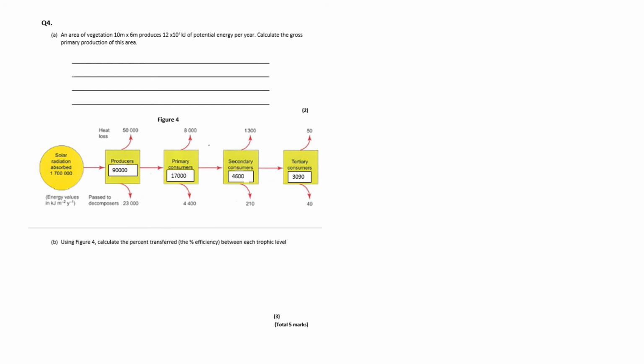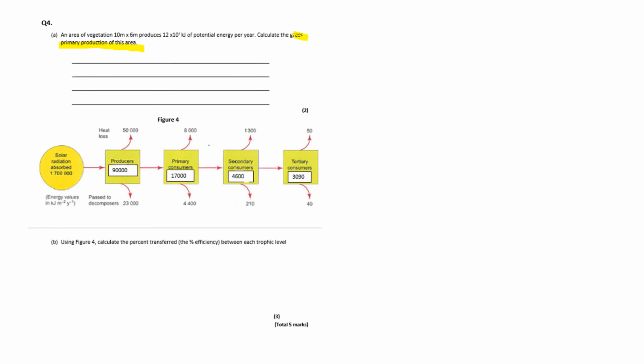The first thing you need to think about is it's asking to calculate the gross primary production. So you need to think about what units that will be in. So the learning outcome is, can you suggest a unit for GPP? So understand that unit actually helps you do this question.